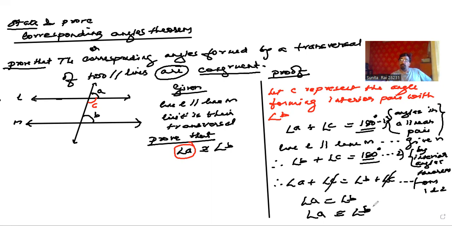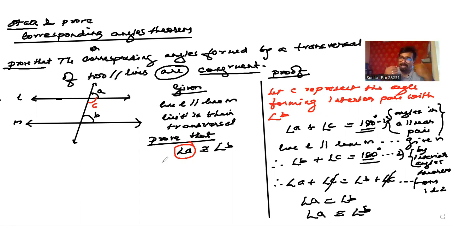That means I have proved one pair of corresponding angles congruent. And if one pair of corresponding angles is congruent, the other pairs are also congruent. So remember, children, in the first lecture I was talking only about coplanar lines. These coplanar lines can be parallel or intersecting.